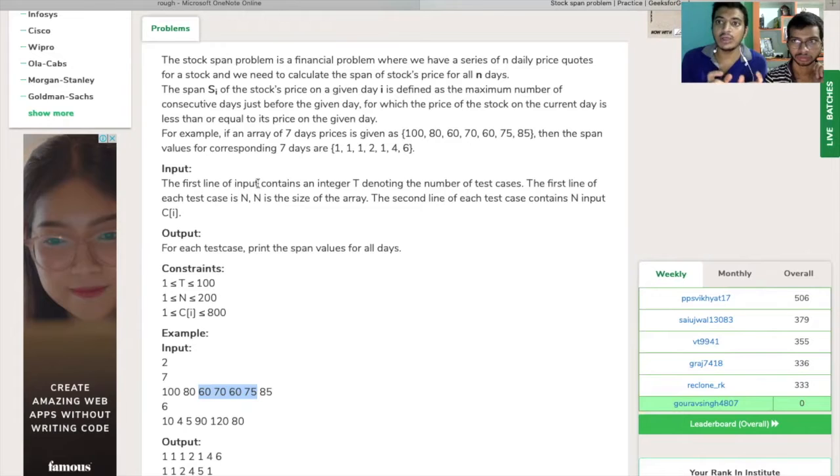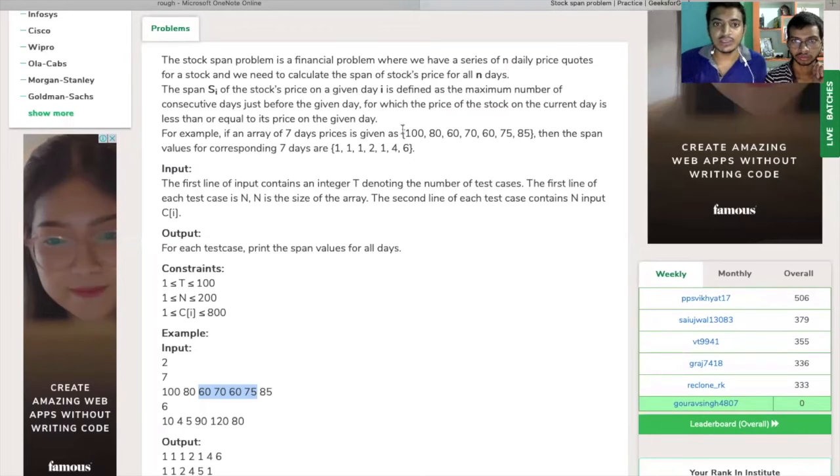On the first day it is 100 rupees, for example, on the second day it is 80 rupees, on the third day 60, like this. So what is the span of the stock for every day?